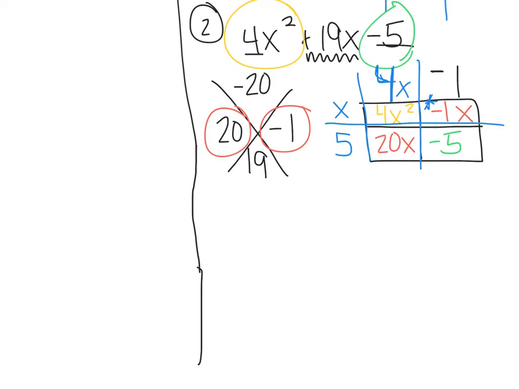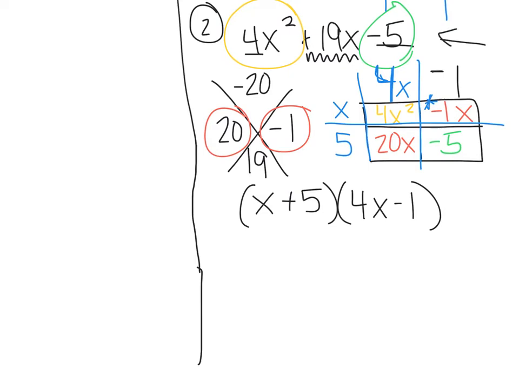All right, so now I'll use my factored form. I'll have x plus 5 and 4x minus 1. A way to check your work is to distribute, use FOIL, or you do the box method we learned before, and then you'll see that you get the question as your answer.